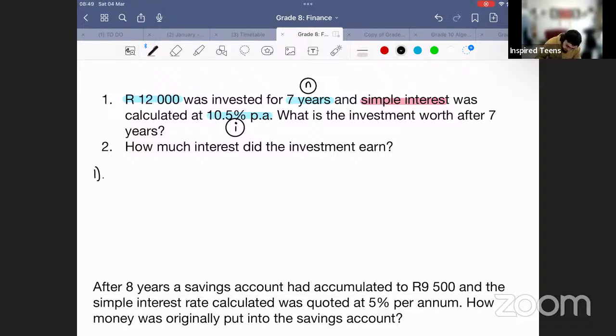Tell me, this 12,000 Rand amount, is this the amount before interest was added to it, or is this the amount after interest was added to it? Is this the amount before interest, or after interest?